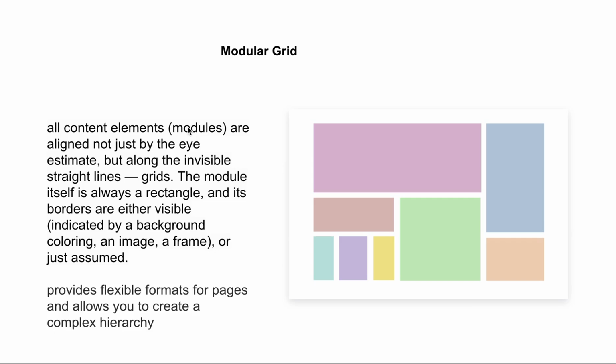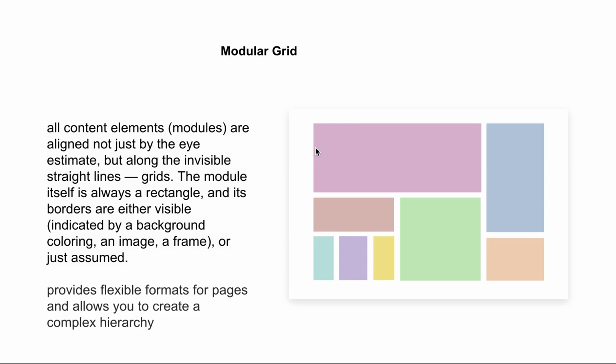Now we have modular grids. So modules are aligned not just by eye estimate, but along the invisible straight lines here. The module itself is always going to be a rectangle and its borders are either visible or indicated like this by background coloring, such as white.